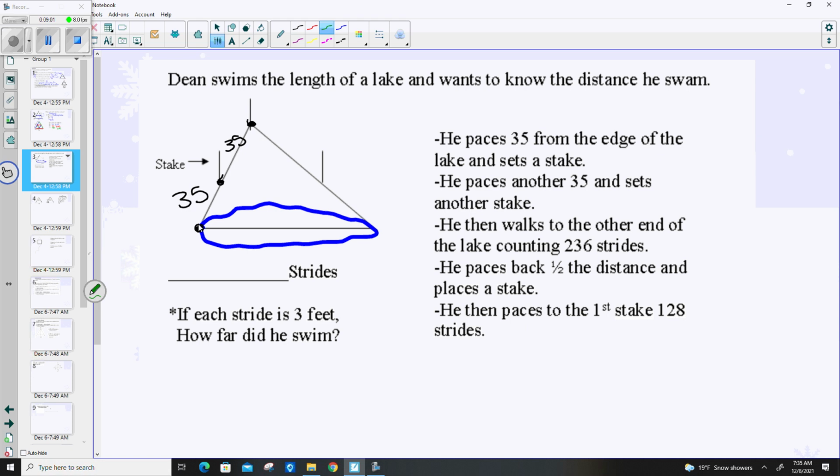Then he keeps going, and he paces another 35 and places that stake. Now he walks to the other side of the lake. So he goes all the way from that top point down to the lake. And that is 236 strides. Then he paces back half the distance. Well, if he goes back half the distance, how many paces did he go?